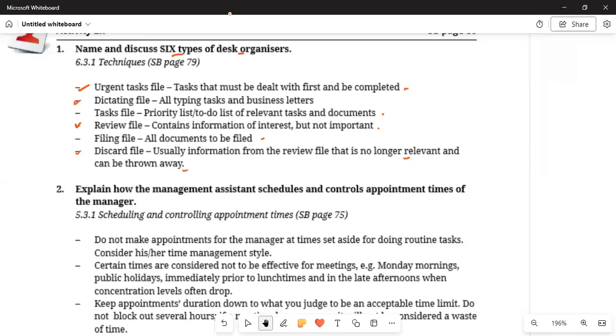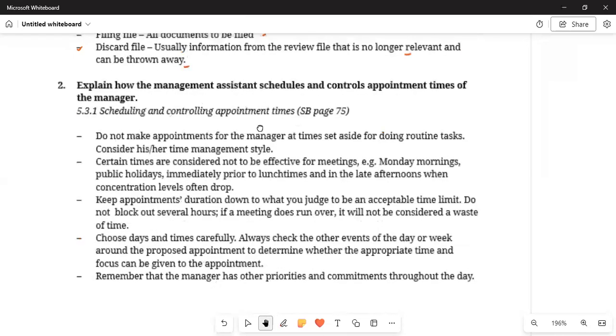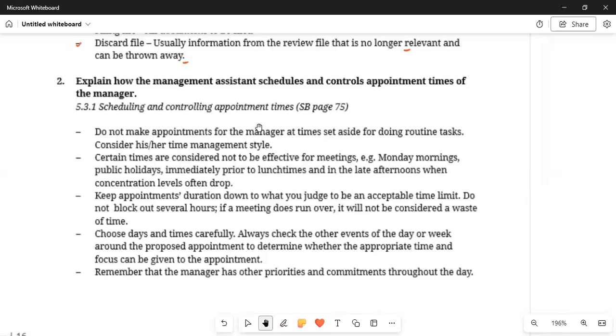If we are moving on again, we see that we can go to the last question, which can arise again, and it can be for 10 marks. It can say, explain how the manager's assistant schedules and controls appointment times of the manager. So this person is responsible for allocating a time for the manager so that he can meet with those particular people.